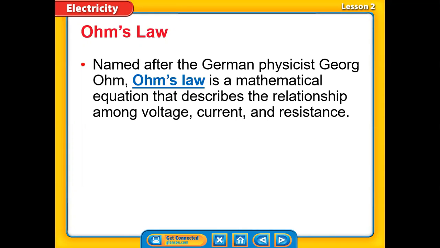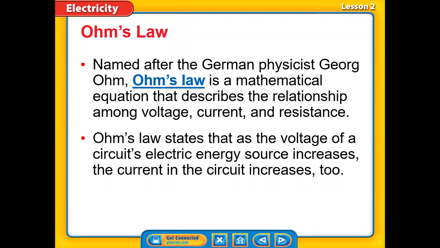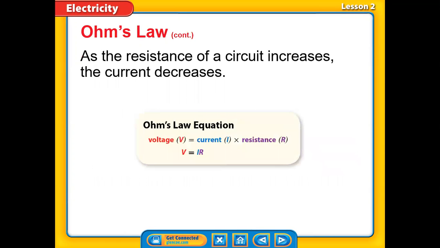He figured out a mathematical relationship between these three variables. As voltage increases, the current will increase, and as resistance increases, the current will decrease. So we end up with this law: voltage equals current multiplied by resistance, V equals IR.